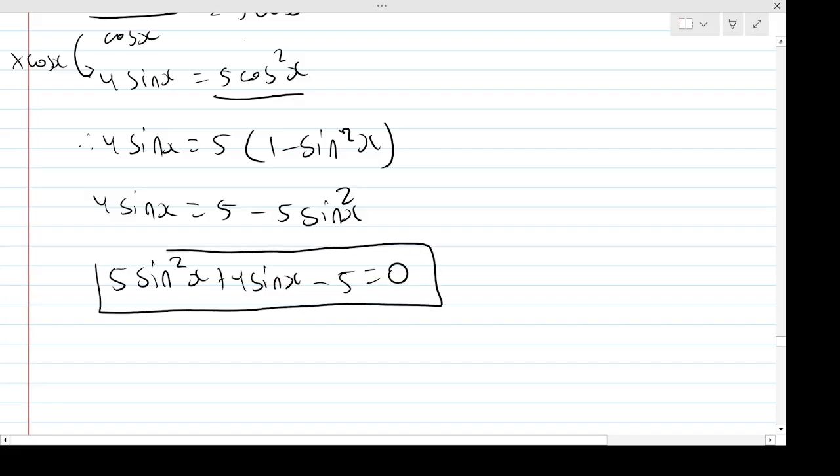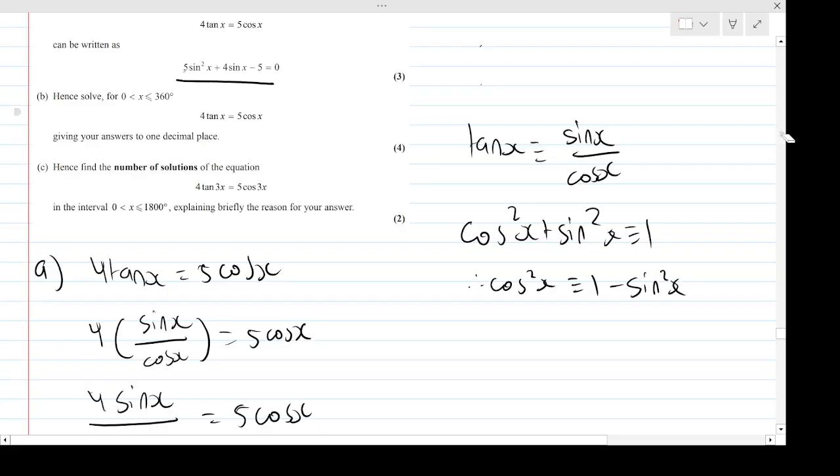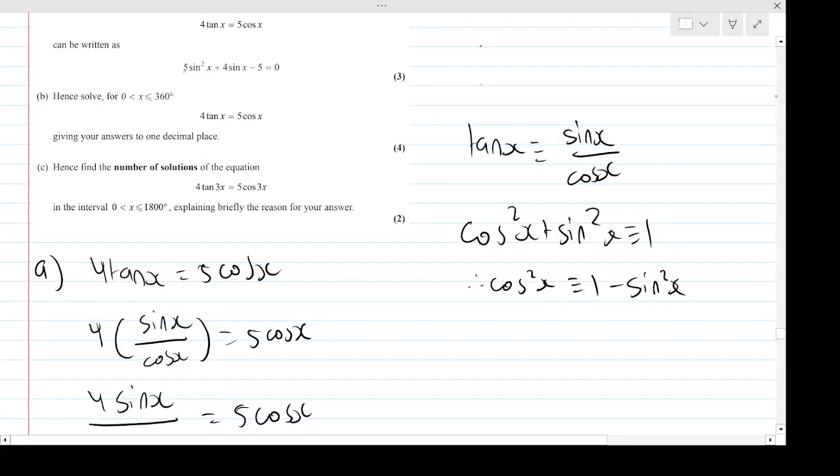Hopefully that should be what they wanted: 5 sine squared x add 4 sine x minus 5 equals 0. Great. Cool. Right, part B then says, hence solve between 0 and 360 the same equation, 4 tan x equals 5 cos x, to one decimal place.